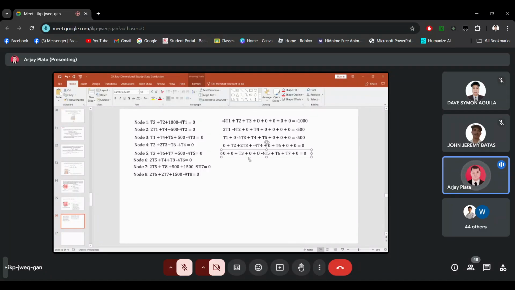Next, node 6. Oh, by the way, there is a negative 500, so you should check.